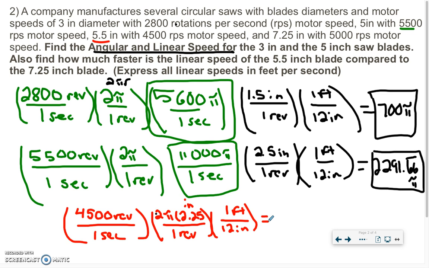So 4,500 times 2 times pi times 2.25, and then you divide by 12 and you're going to get 5,301.44, which would be your linear speed for that 5.5 inch blade. Just checking my math here. Yep, and that'll be feet per second.